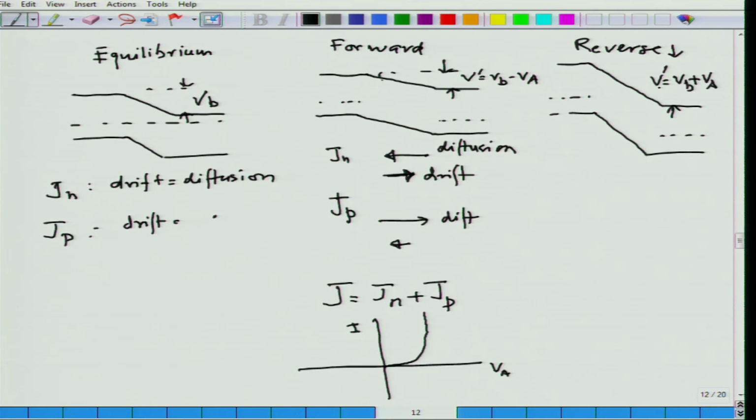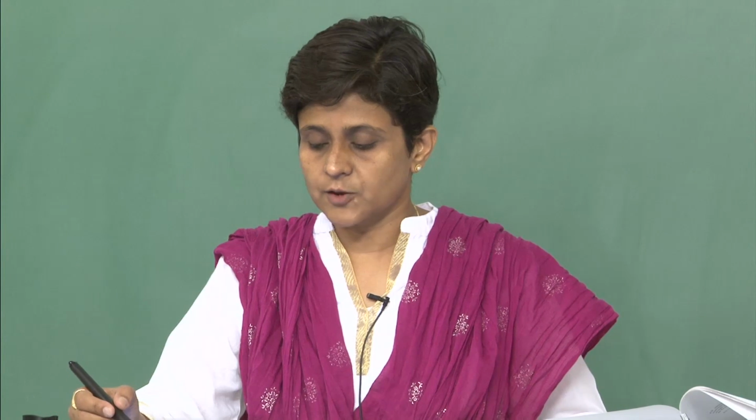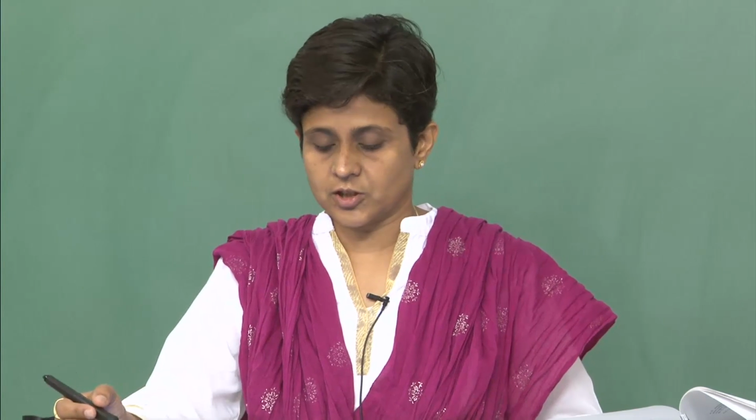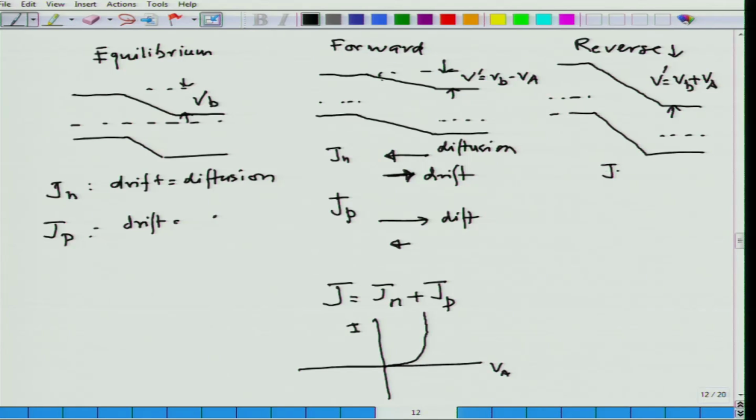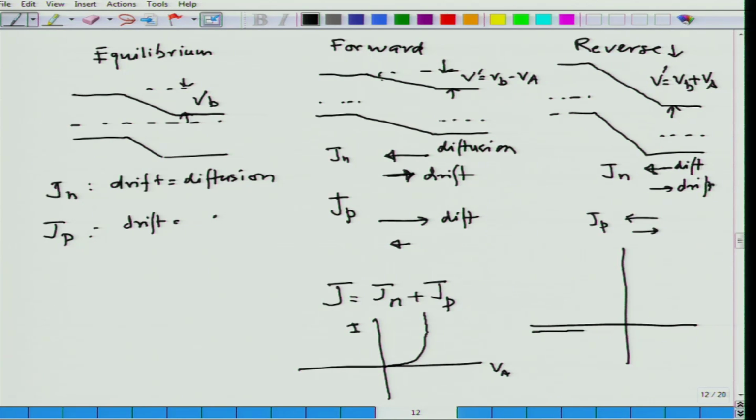It reduces considerably the diffusion current across the junction, and hence there is very little change. The diffusion remains almost as such, and the drift is almost equal, and the same thing happens to the holes. Both the currents are almost equal, and as a result theoretically when I go to the reverse bias, I should have very small current.